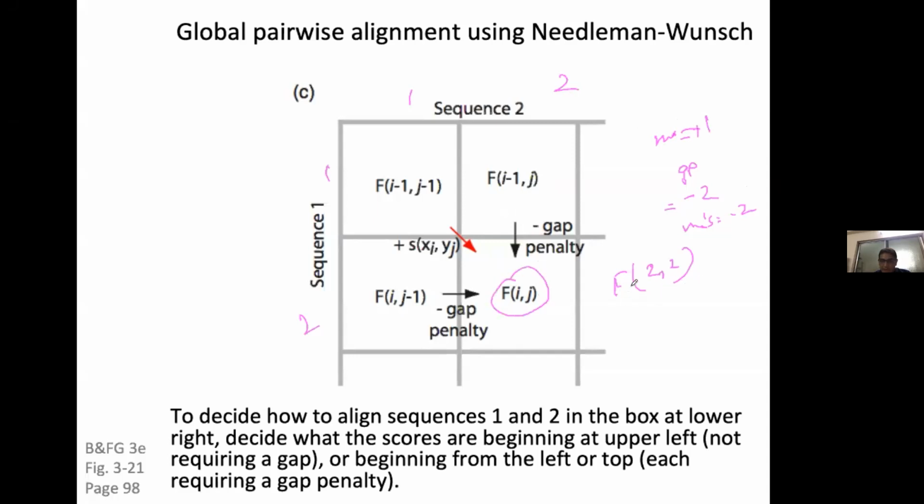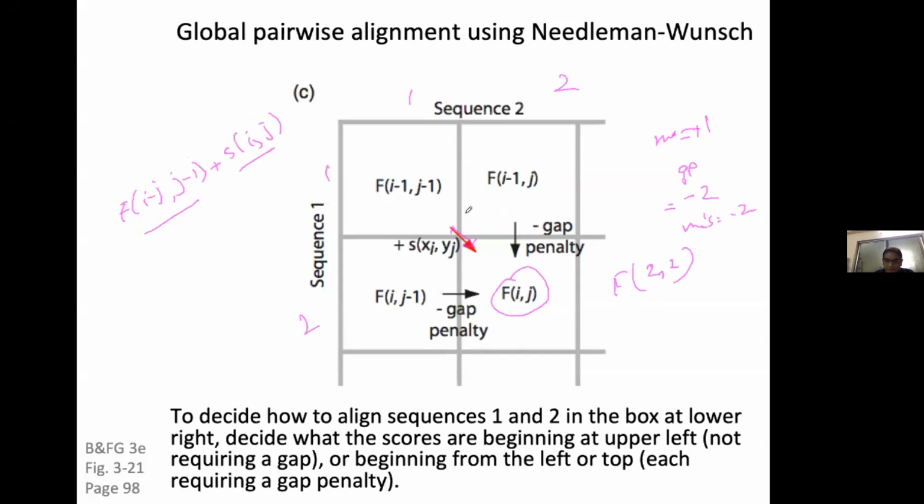One is F(i-1, j-1) plus the score, either match or mismatch, so it comes diagonally.